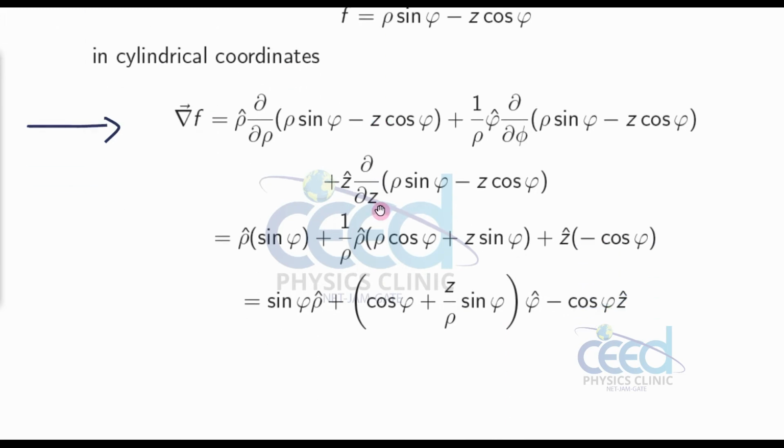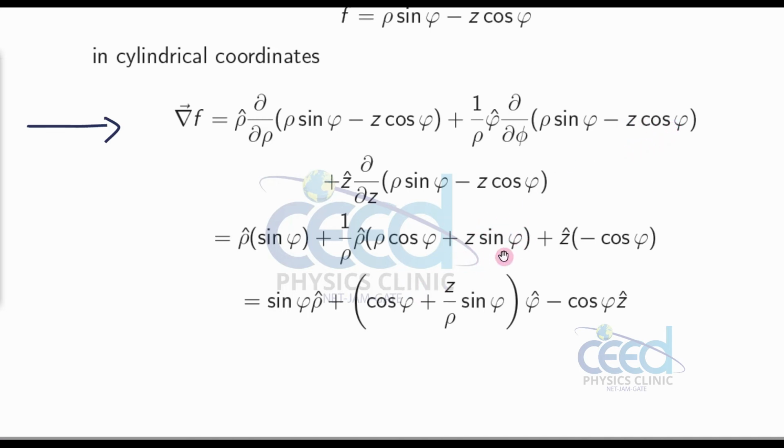That's only. Okay, now you can differentiate. When you do ∂/∂ρ, sin φ is a constant, so sin φ only, and this term is constant with respect to ρ, so 0. So here ρ cap sin φ. Okay, when you do this with respect to φ, so ρ cos φ. And with respect to φ, cos φ gives minus sin φ, so minus minus, so plus z sin φ.